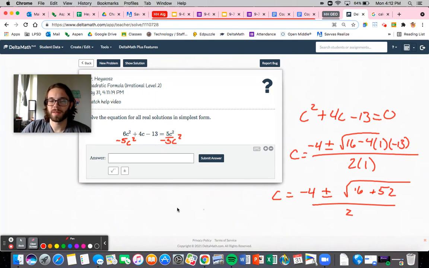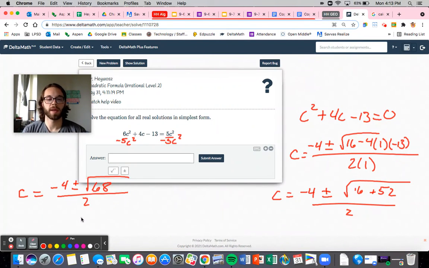All right. So I'm going to run out of room again. -4 plus or minus the square root of, what is that? That would be 68 over 2. Now, 68 divided by, let's see, 4? 68 divided by 4 is 17.